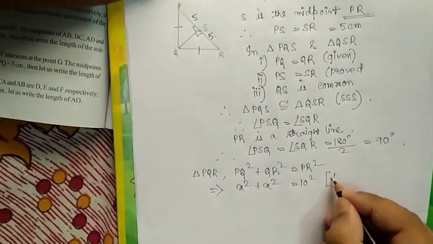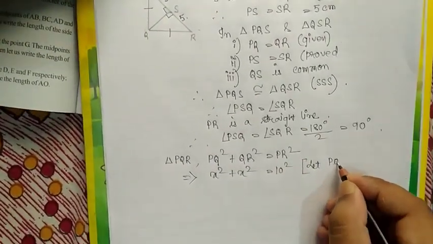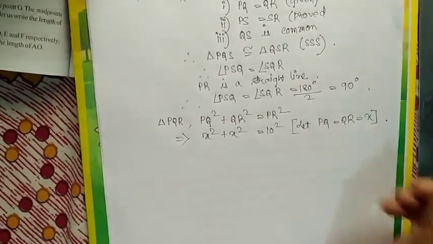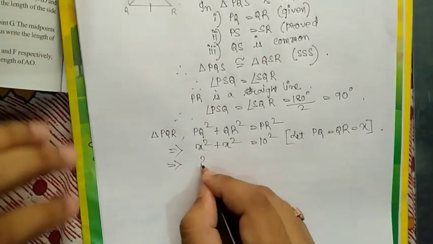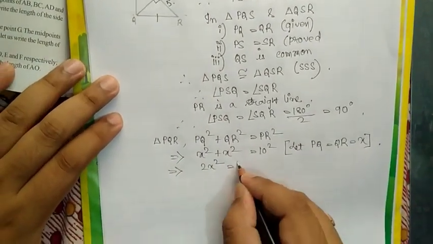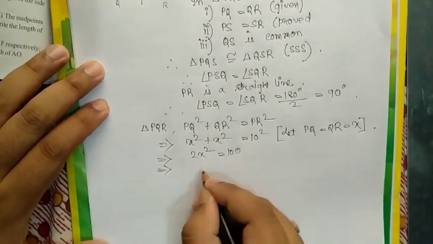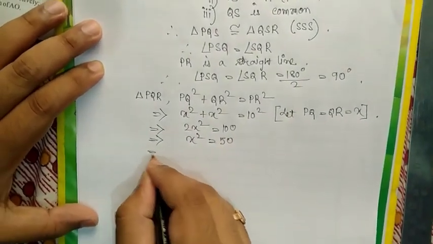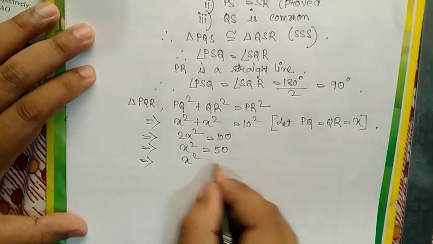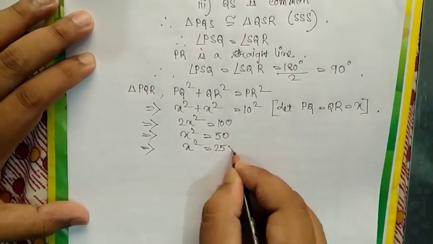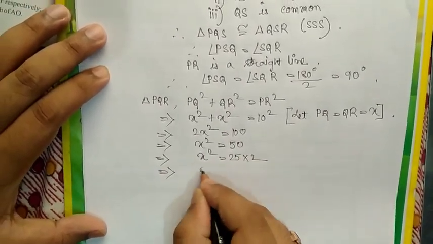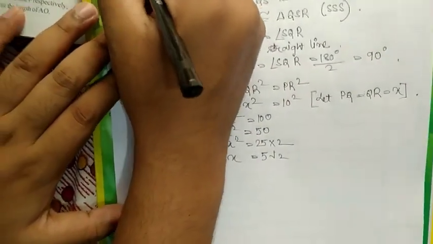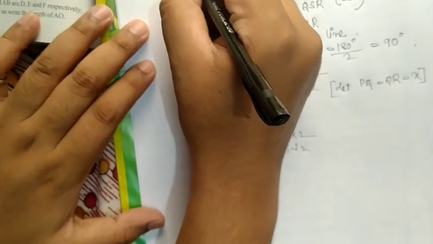So 2x square equals 100, x square equals 50, x square equals 25 into 2. So therefore x equals 5 root 2. So the value of PQ and QR is 5 root 2 and 5 root 2.